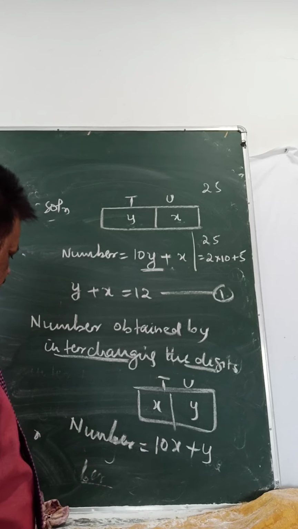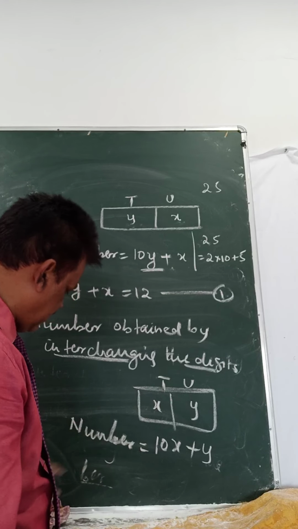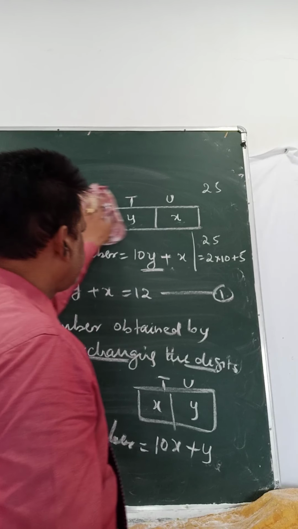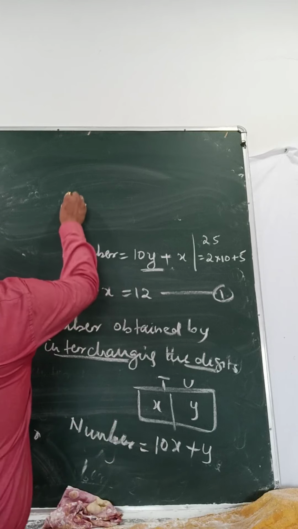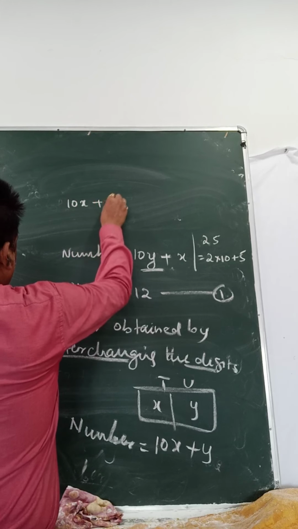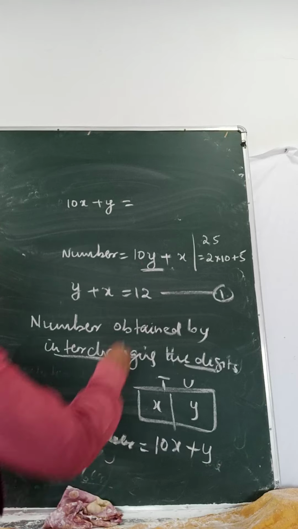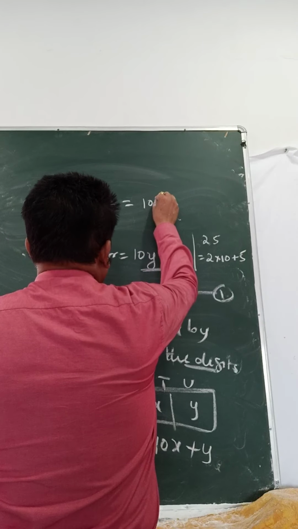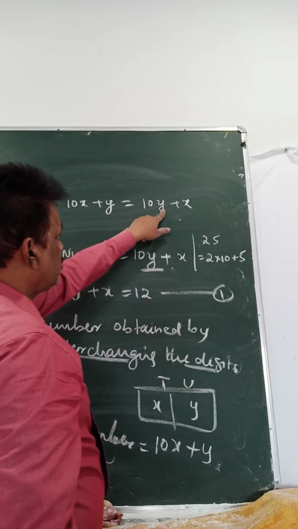So our question is, the number obtained by interchanging the digits exceeds the original number by how much? 18. The original was 10y plus x. This is bigger than this one by 18.